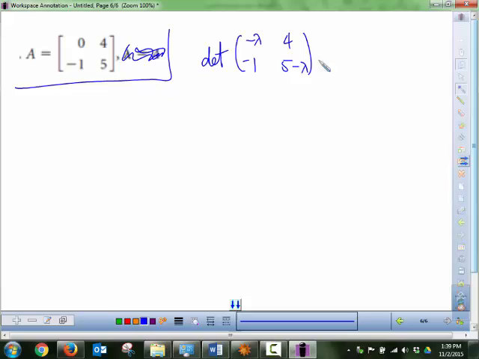I skipped a bunch of steps. I skipped writing the original equation, and then I just went down, and I know that I need A minus lambda I. So the I is just the diagonals, and lambda times I would just be lambda on the diagonals. And I'm subtracting lambda from the diagonals. Okay, so that's a big number of steps that are skipped.